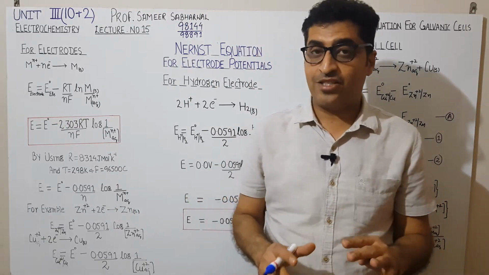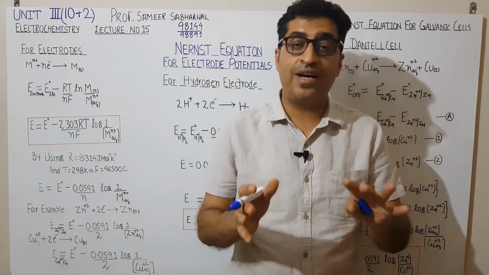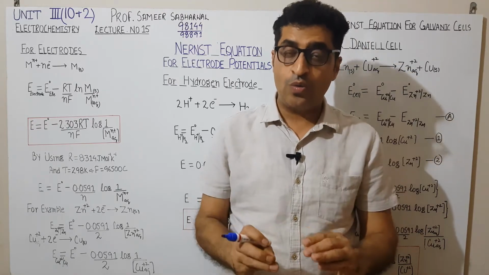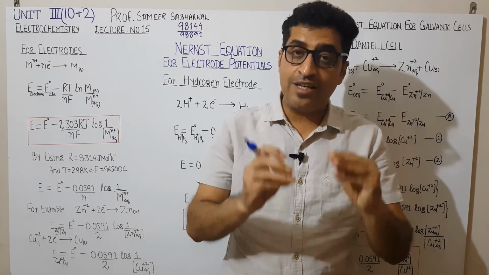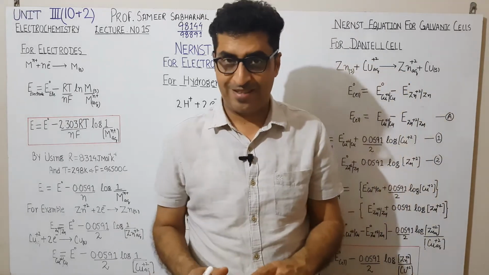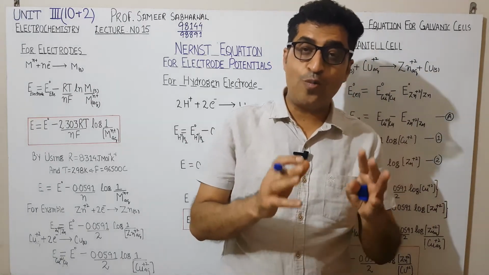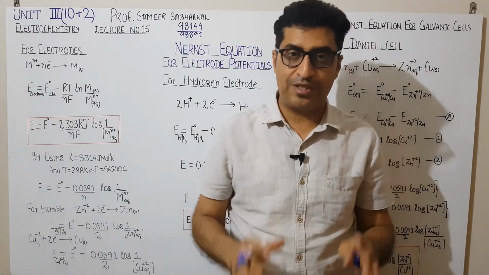So in this lecture we will determine with the help of an expression how reduction potential is directly related to the molar concentration of ions. Not only this, we also know that electrode potential is affected by temperature.